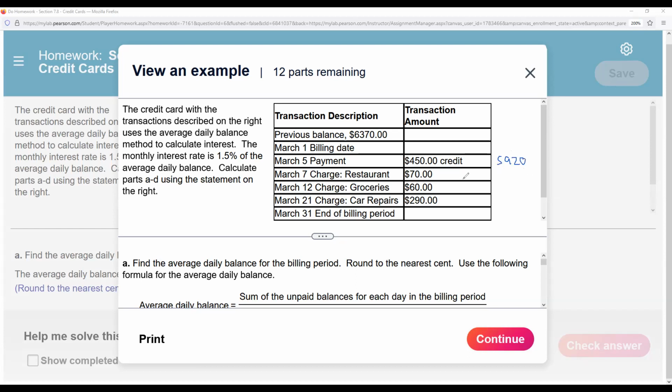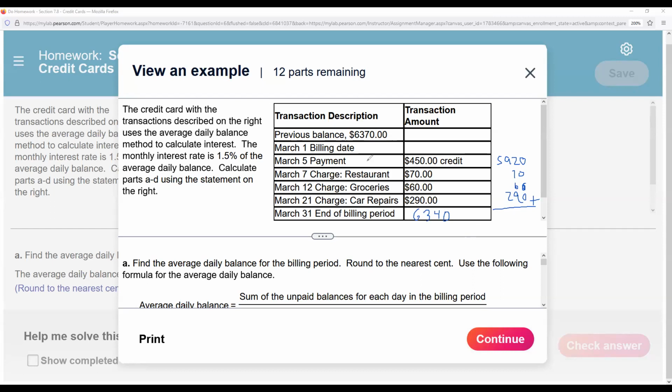Then we gotta add all this garbage: 70, 60, 290. That's not good. So add all this stuff: 5,920 plus 70 plus 60 plus 290, 6,340. So at the end of the billing period, I'm gonna have 6,340 on my debt. Sadly, I didn't really shrink that down much, right?